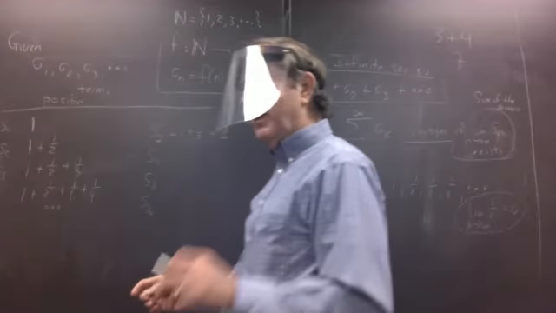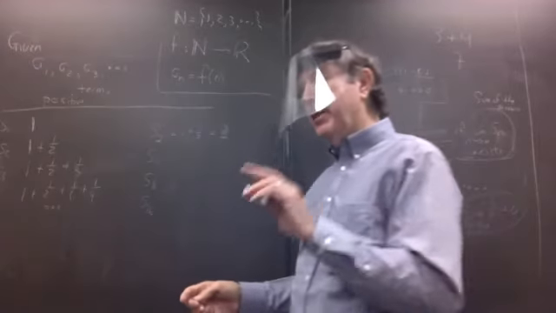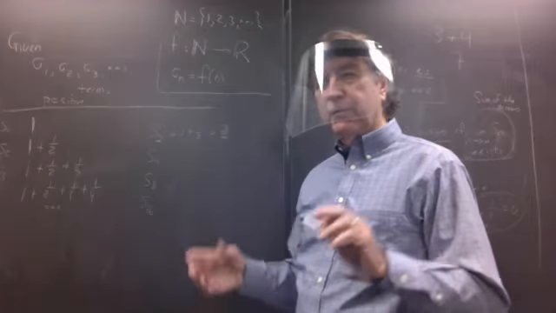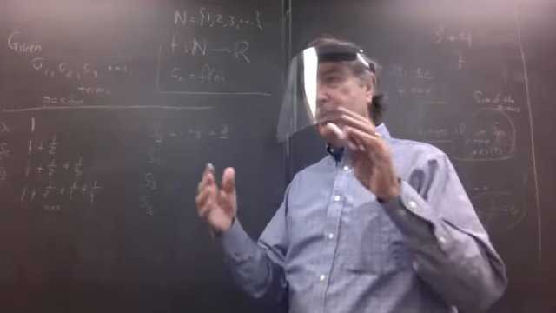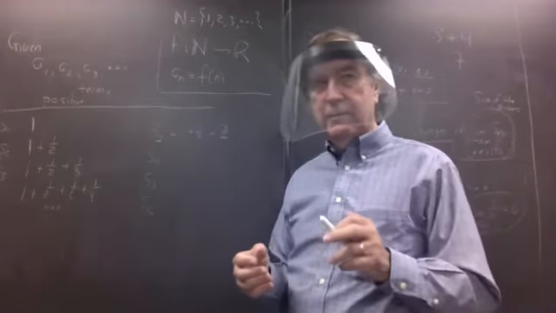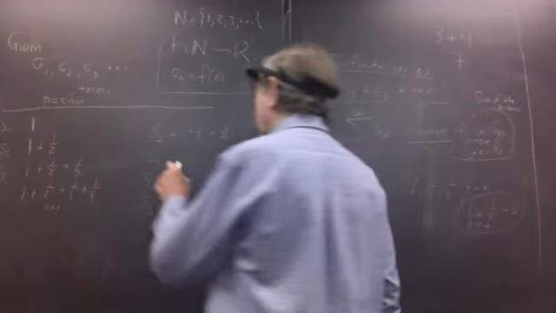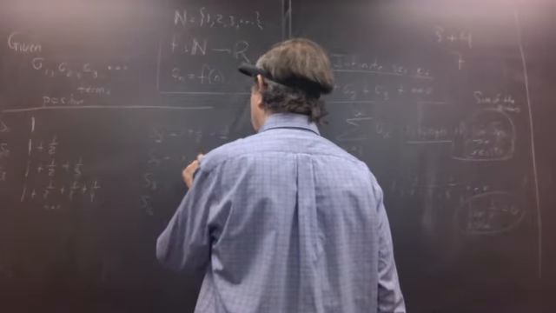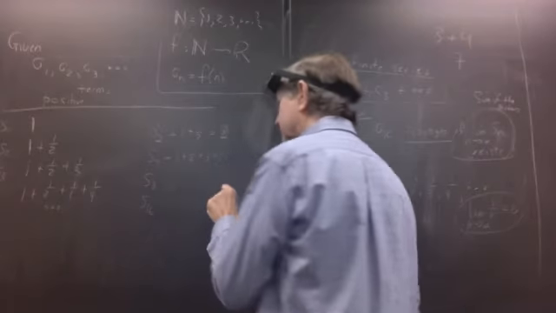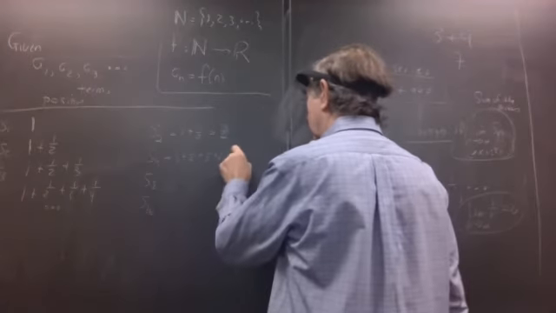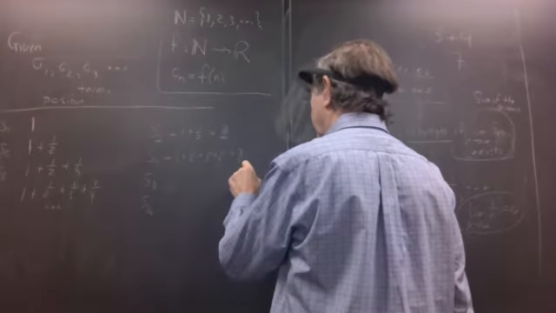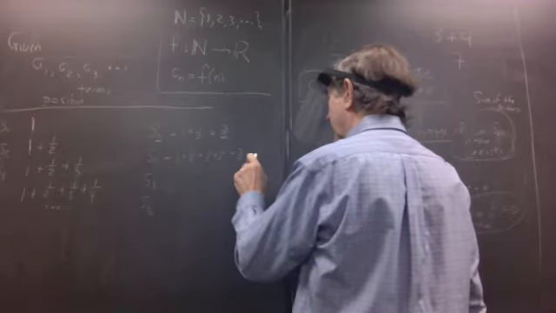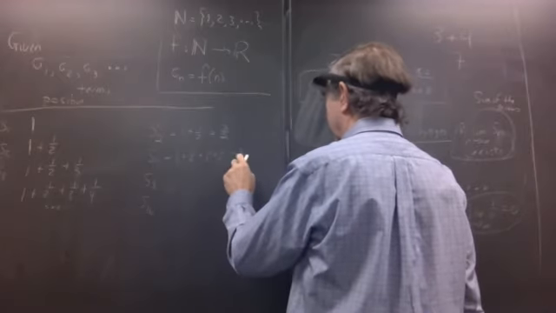Okay, it will have a limit only if it's bounded above, because when an increasing sequence is bounded above, it has a limit. Now, what is S4? S4 is 1 plus a half plus a third plus a fourth. And that is 3 halves plus a third plus a fourth. Now, I don't want to add a third and a fourth, that's much trouble.